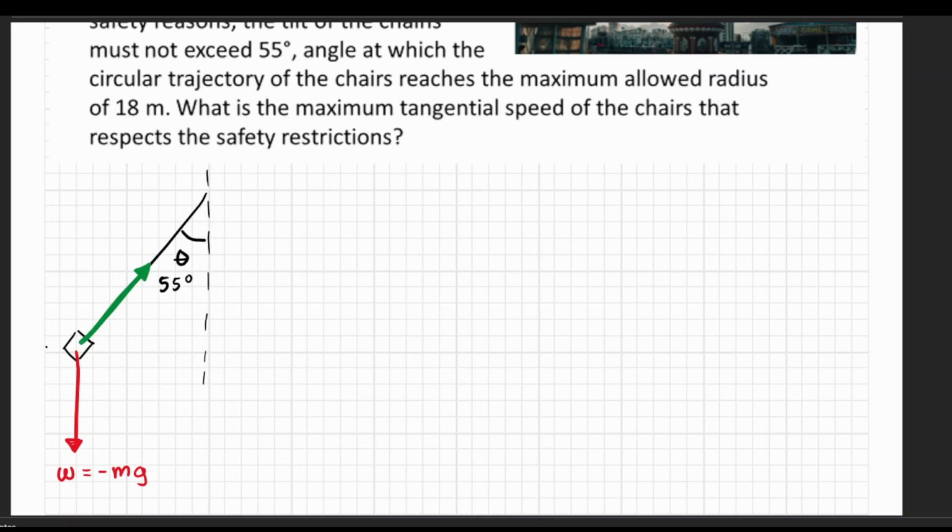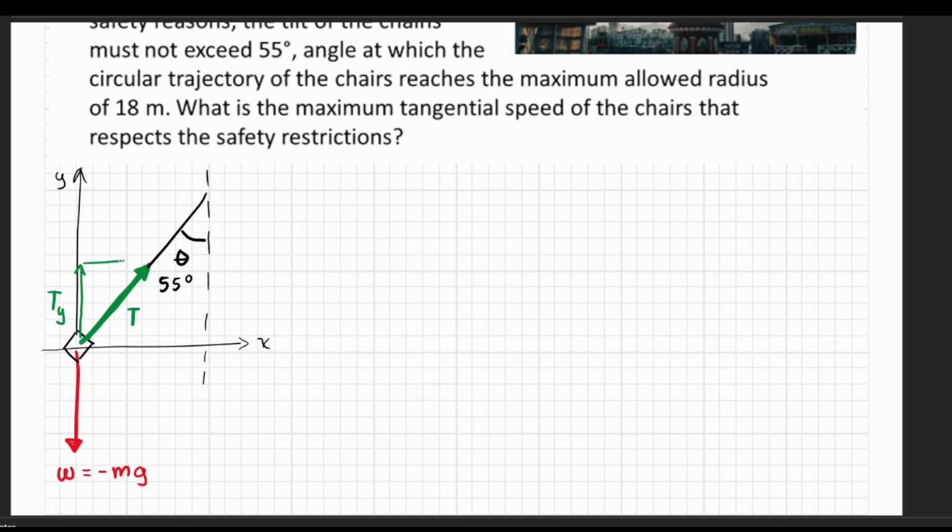So we can draw our horizontal and vertical axes, X and Y, and the tension from the chain can be split into components. One of the components goes parallel to the y-axis and points up. So this would be the tension in the y direction.